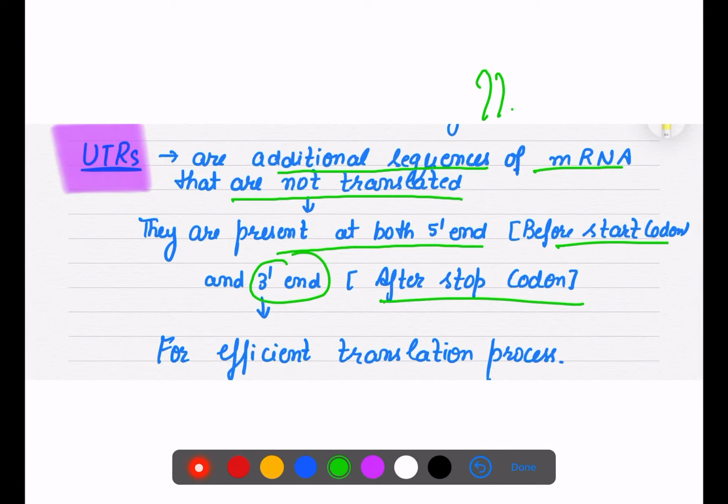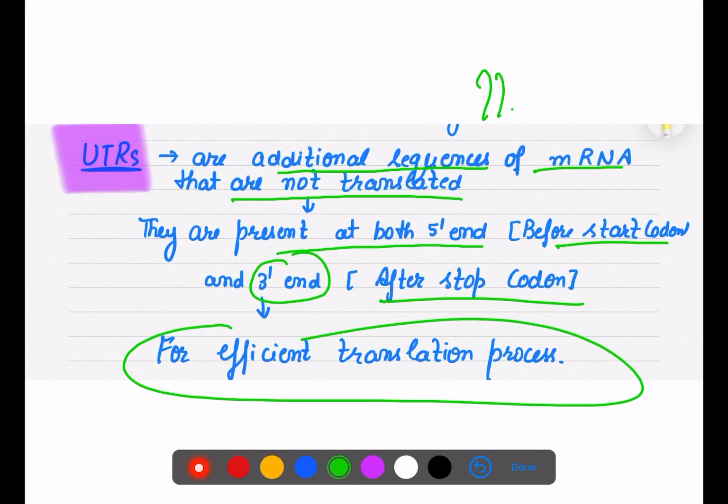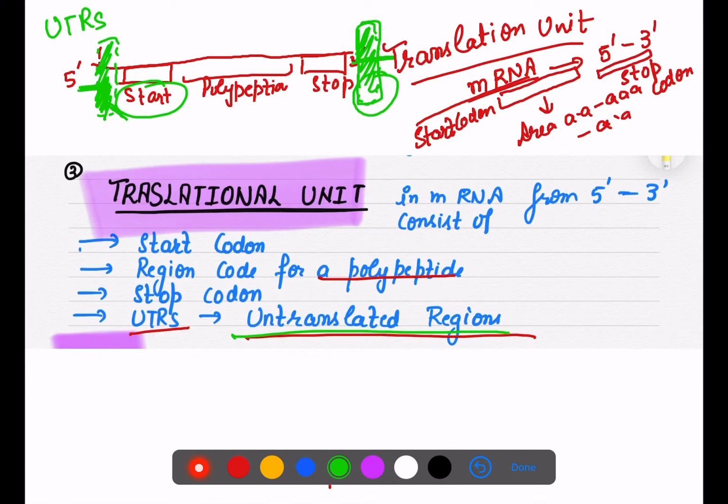They are present for an efficient translation process, because translation only starts at the initiator site and stops at the stop codon. Before the start and after the stop there should not be any translation of mRNA.